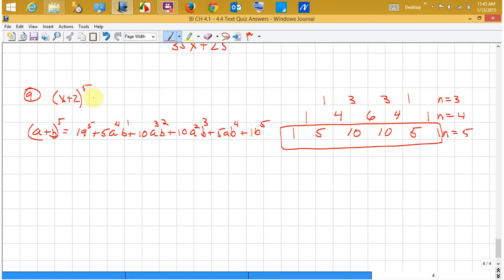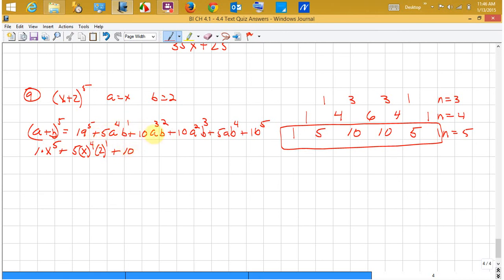Okay, so for my particular one, I have a equal to x and b is equal to 2. So let's put those in there. So I would have 1. So I'm starting with the first term. 1 times a, which is x to the 5th, plus 5x to the 4th, and b is 2. Okay, and let's move to the next term.